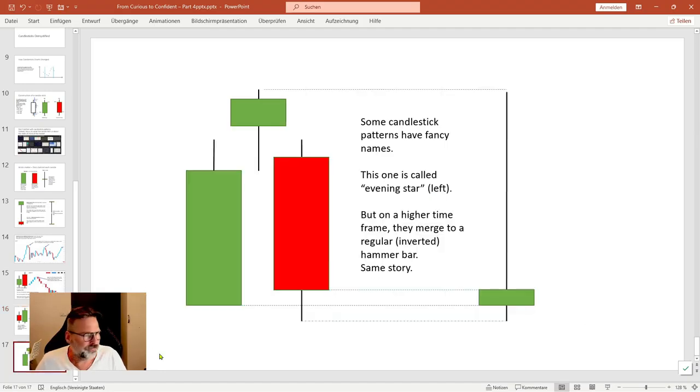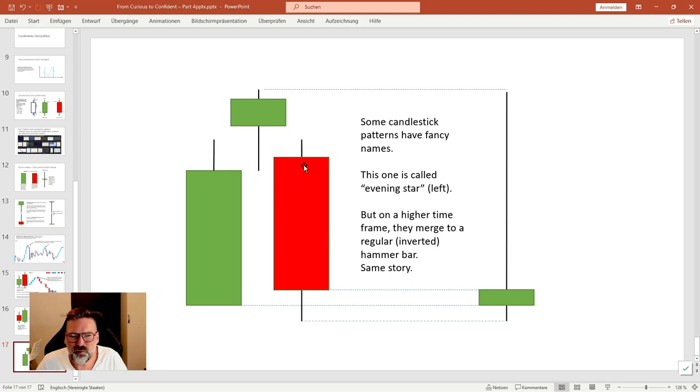Okay. Last slide. This here is a fancy pattern. They call that evening star. This here is a reversal pattern. So first bulls were in control, and then you have here this big bear bar. So now time frame. Those are 3 bars on a 5-minute chart.